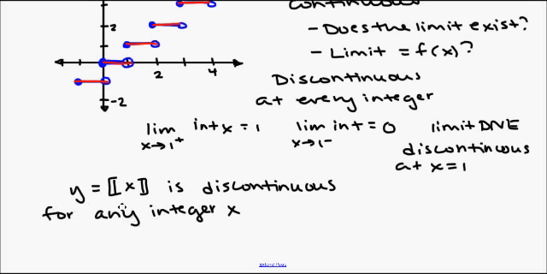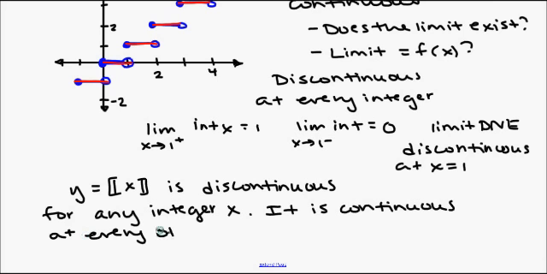Your book puts this a little bit differently. If you want to go look at how they worded it, it's on page 75. It is continuous at every other real number. Okay, this would be my answer here.